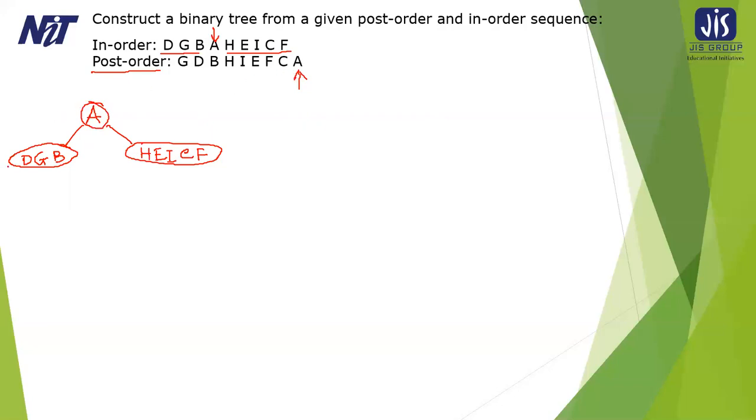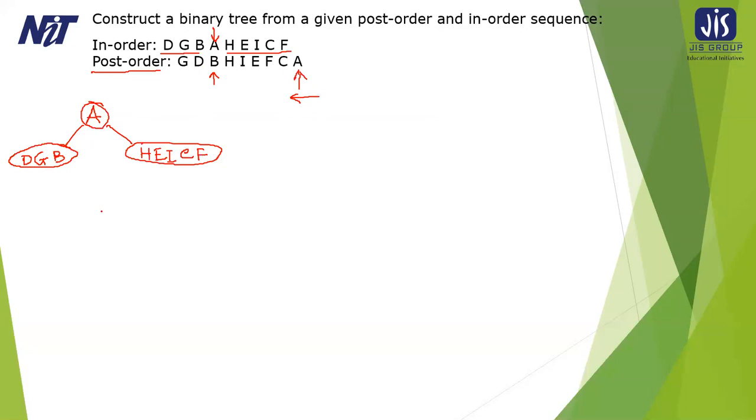Now who will be the root among D, G and B? In post-order, we always check for the root from right side to left side. Going through C, F, E, I, H, B, B comes first among D, G and B.